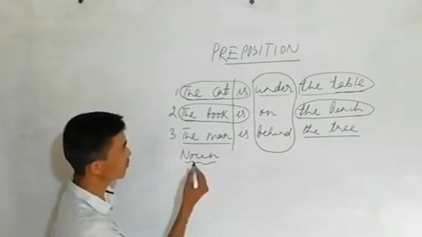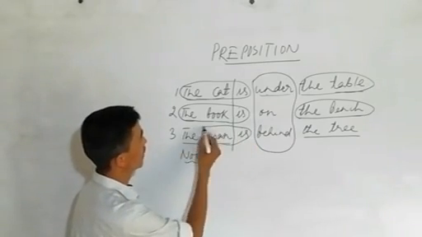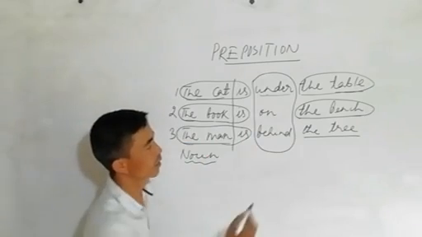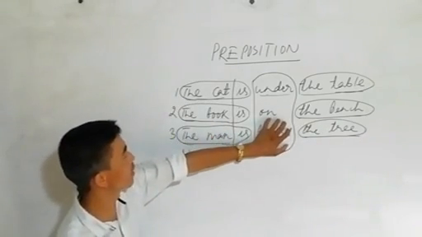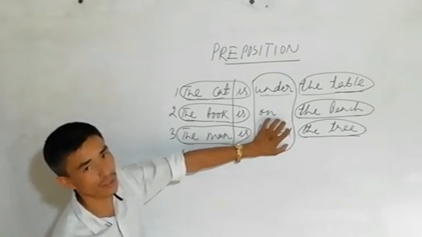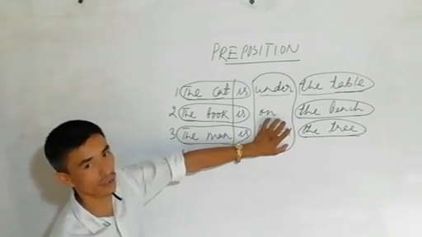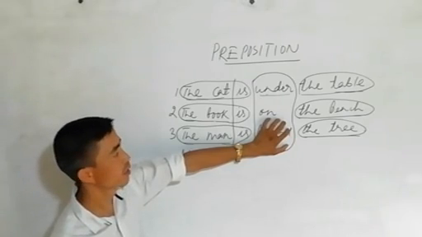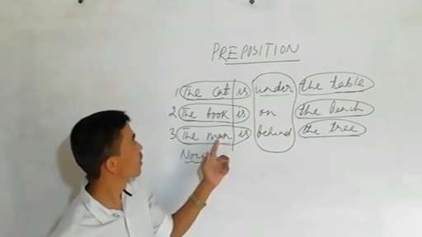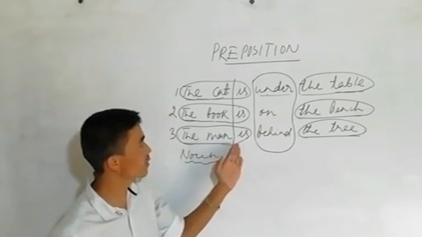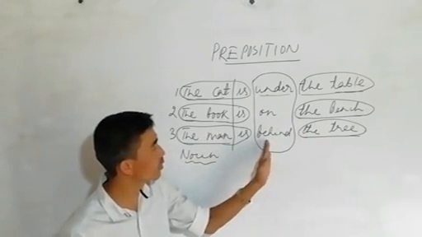In the same way, the man is, the tree. Without behind, the man is tree is not a good, meaningful sentence. So the function of behind is to connect these two groups of words, the man is and the tree.